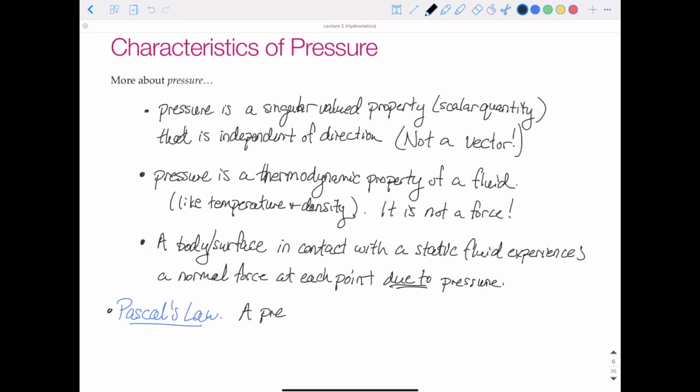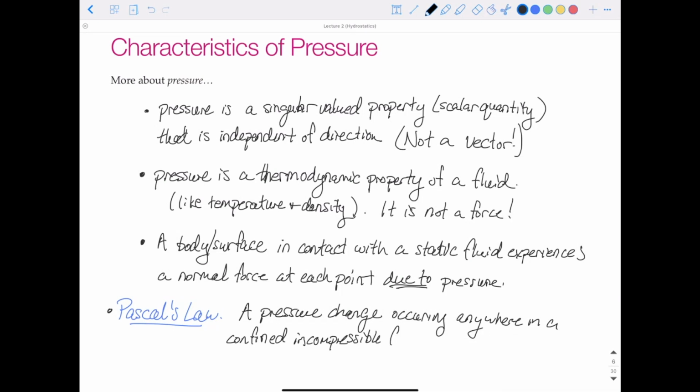So a pressure change occurring anywhere in a confined incompressible fluid is transmitted throughout the fluid such that the same change occurs everywhere. Incompressible is really important here.